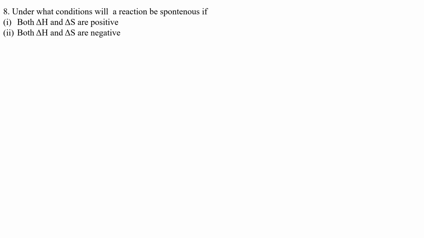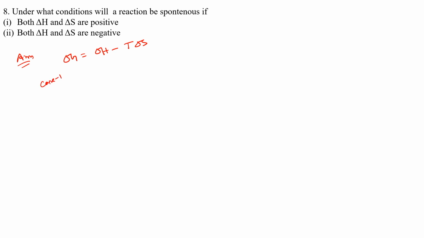Next problem says, under what condition will a reaction be spontaneous if both delta H and delta S are positive, and both delta H and delta S are negative. Okay. So, we already discussed briefly for different cases. So, we know delta G is delta H minus T delta S, right. So, we can have three cases rather.